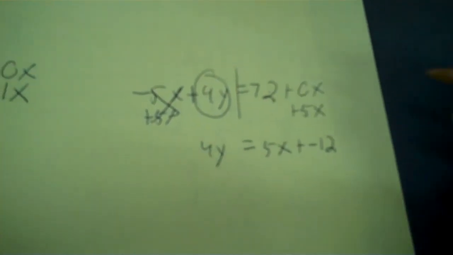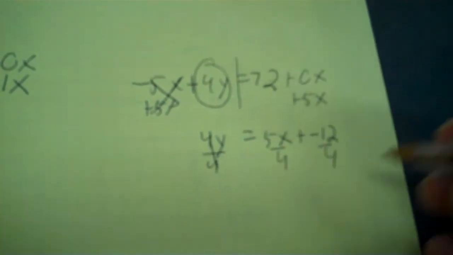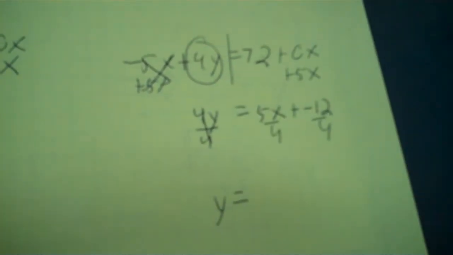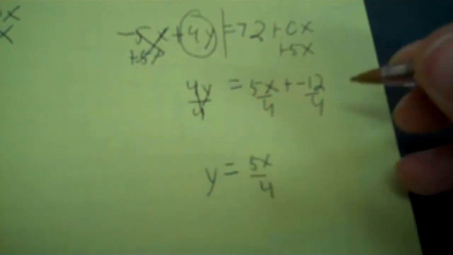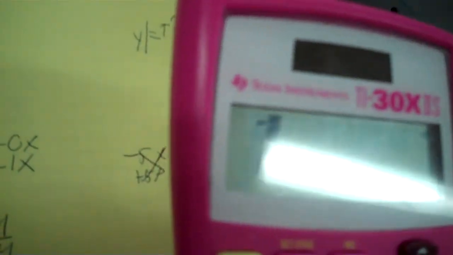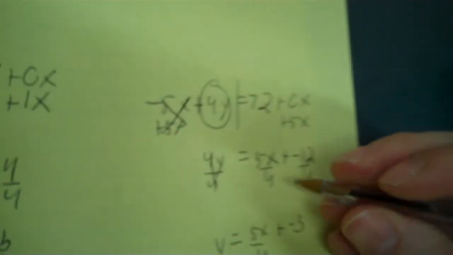Okay, from there, now I can divide everything by 4. If I divide it by 4 and get a decimal, I keep it 5x over 4. And then negative 12 divided by 4 is going to be negative 3. So plus negative 3. And now I have my m and my b.